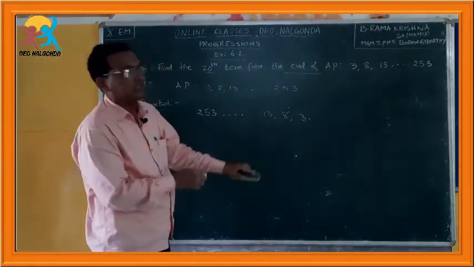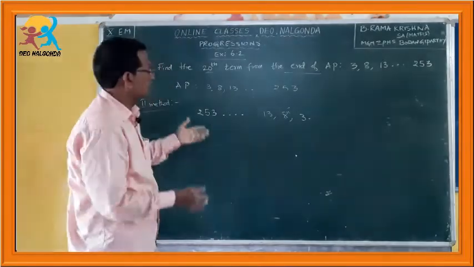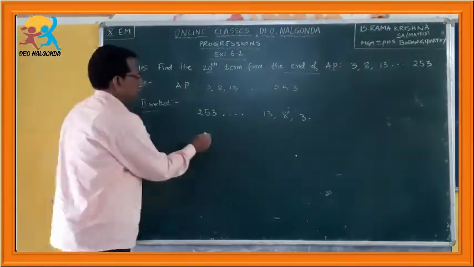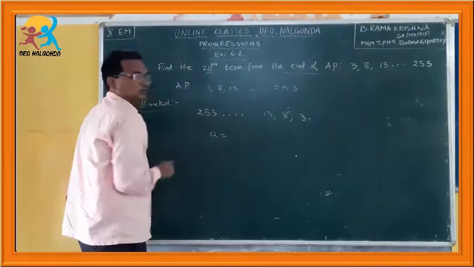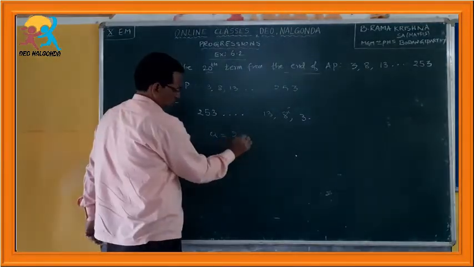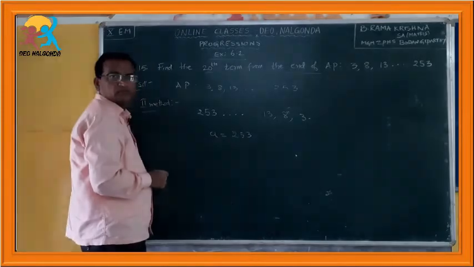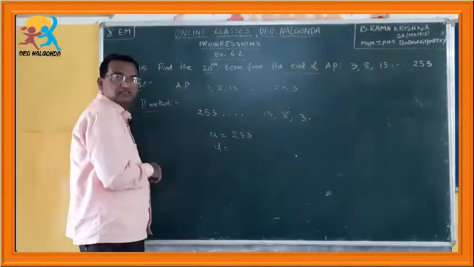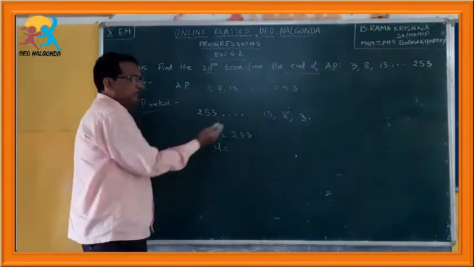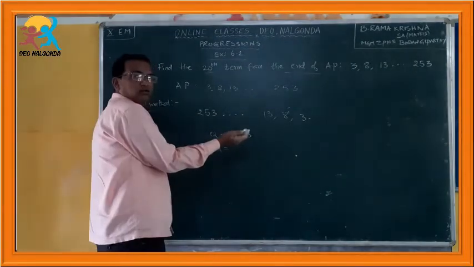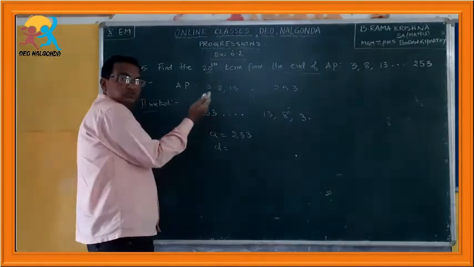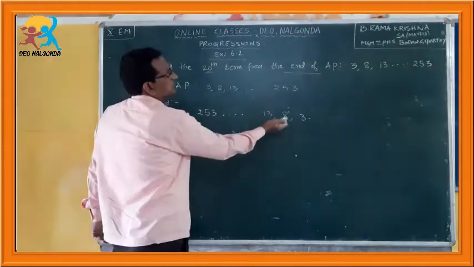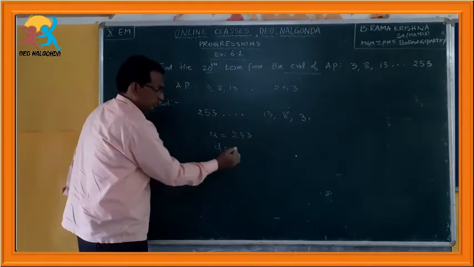To find A20, the preliminary things required are, what is the first term? a is equal to 253. Then what is the common difference? How to find the common difference here? You can find the difference of any two successive terms. Using these two you can find the common difference.